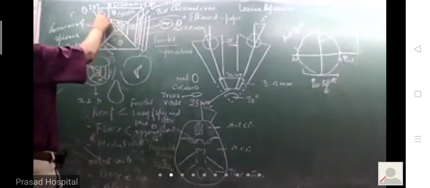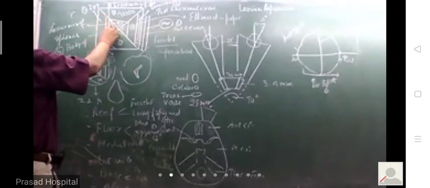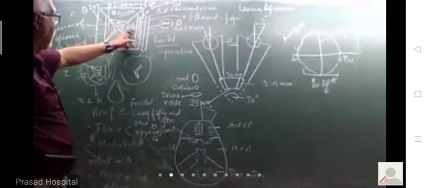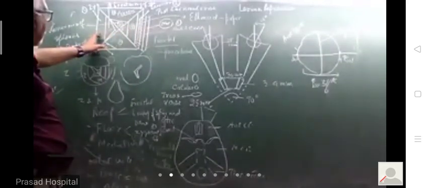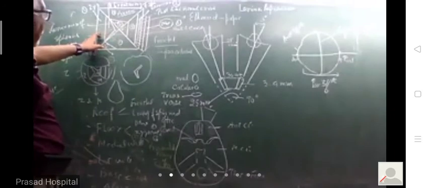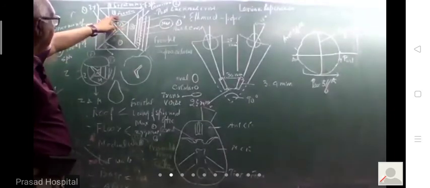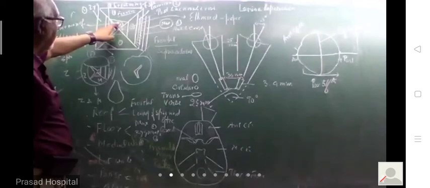The lateral wall is formed by zygomatic. And the roof is formed by frontal and lesser wing of the sphenoid.